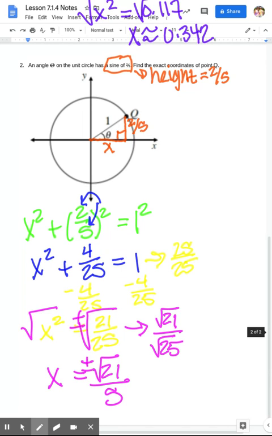So we have positive or negative square root of 21 over 5. But since Q here is in the first quadrant, so in the positive realm, we know that our x value is actually going to be positive. So we have positive square root of 21 over 5, which we can put together into our point, which would be square root of 21 over 5 and 2/5.